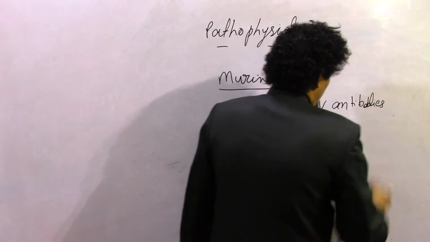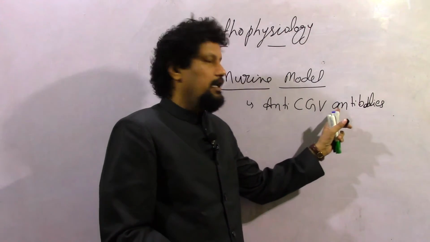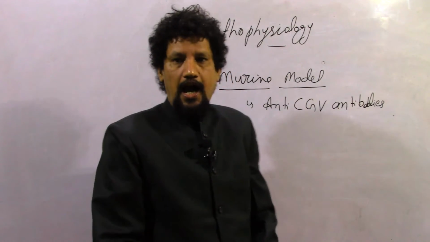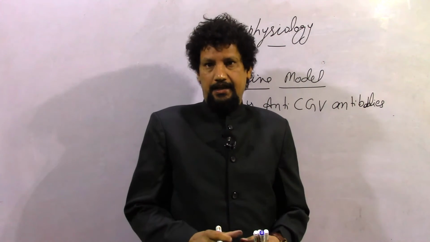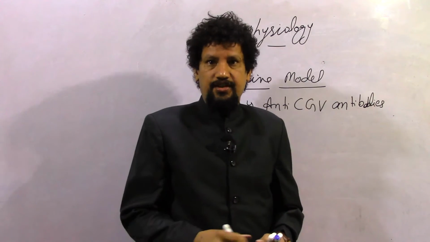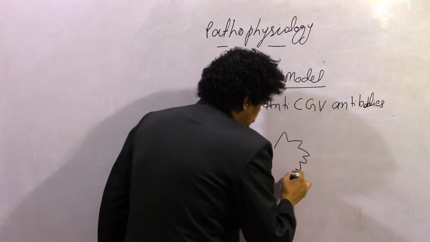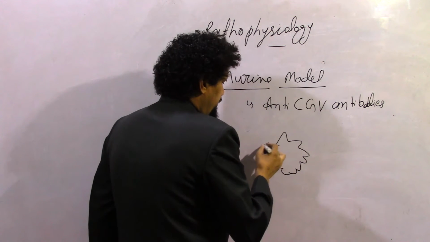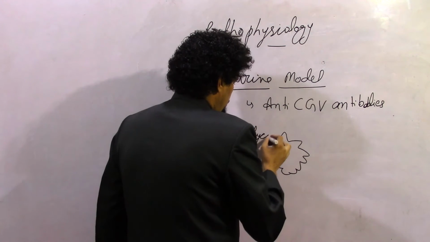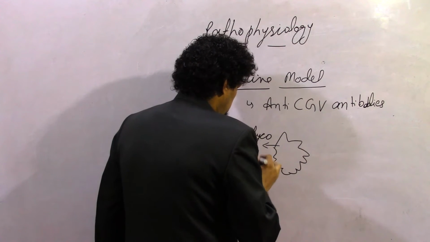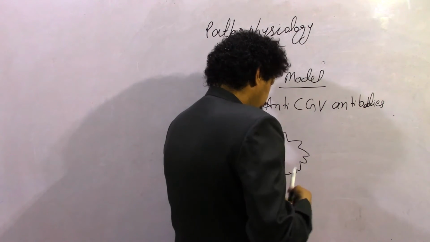These antibodies are directed against the E2 glycoprotein of the virus, and it has its C terminal.